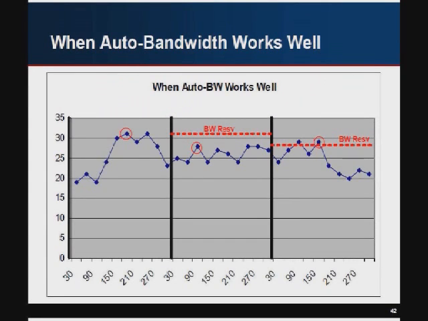So here's an example of where auto bandwidth works really well. The black lines are showing adjust intervals, so there are 3 adjust intervals here, and the blue dots are showing statistics. Each one of these is a measured point where you're saying this is how much traffic is passing over this LSP. In the first one, you pick your highest bandwidth sample, which is like 32 or something, and then for the next adjust interval, the red line is showing what the reservation is.